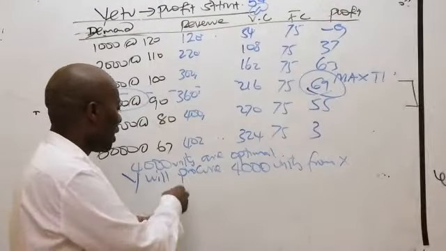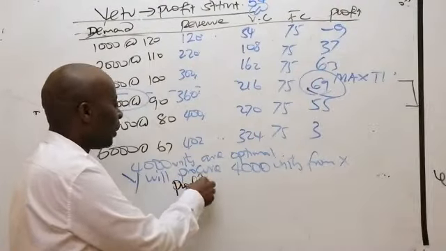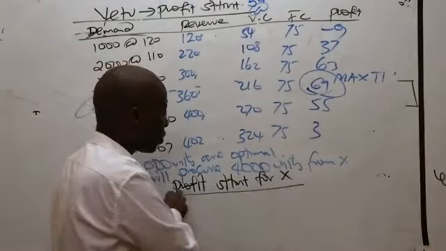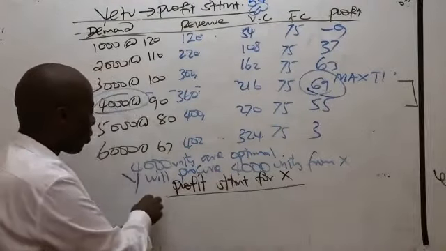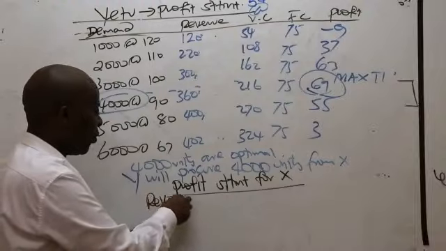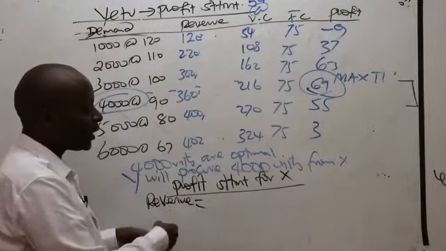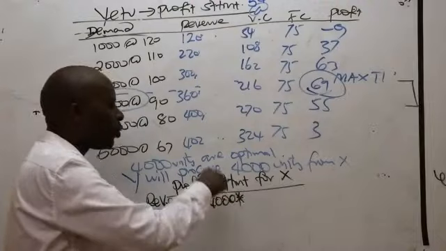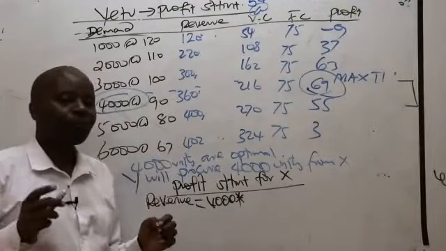So, profit statement for X. Given the 4,000, you talk of revenue, which is price times quantity. I know the quantity is 4,000, so times what price, ladies and gentlemen?